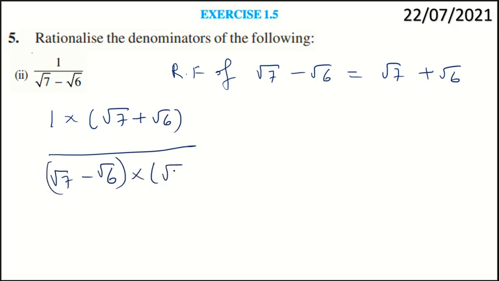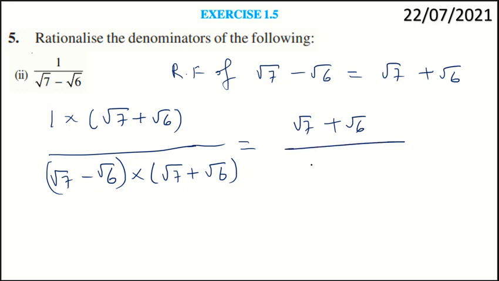So we get 1 into root 7 plus root 6, upon root 7 minus root 6 into root 7 plus root 6. So 1 into root 7 plus root 6 is that only, upon this product 7 minus 6, which gives 1. When the denominator is 1, we need not write it. So this is the result after rationalization.